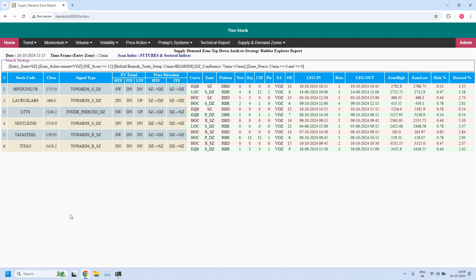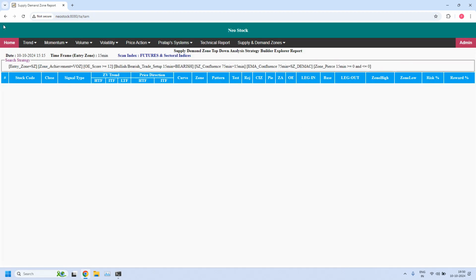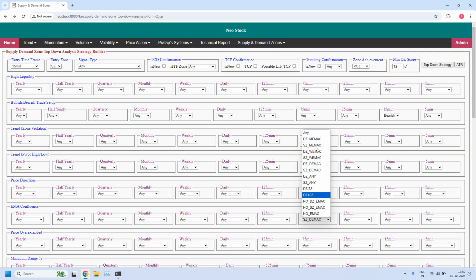Let's again verify out of these 6 stocks, how many of these 75 minute zones are having daily EMA confluence. So in the EMA confluence at 75 minutes time frame, 75 minutes supply zone with daily EMA confluence, no stocks are filtered.